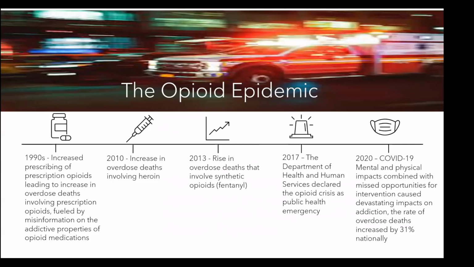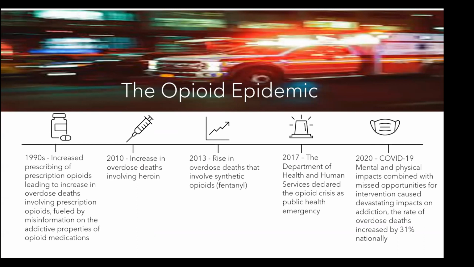Okay. This slide depicts an abbreviated timeline of the opioid epidemic. In the 1990s, increased prescribing of prescription opioids led to an increase in overdose deaths, and this is largely fueled by misinformation about the addictive properties of opioid medications. Then in 2010, we saw an increase of opioid deaths involving heroin, followed by an increase in opioid deaths from synthetic opioid use in 2013.